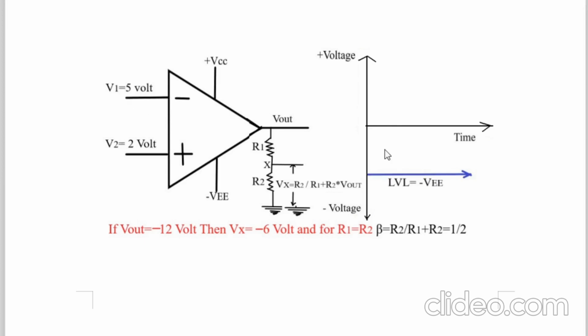The output, you see the blue line, is below the x-axis, LVL. How much LVL is it? In our example we have considered plus 12 volt as the power supply and minus 12 volt as the negative power supply. So plus VCC is plus 12 volt, minus VEE is minus 12 volt. Therefore the output will be minus 12 volt.